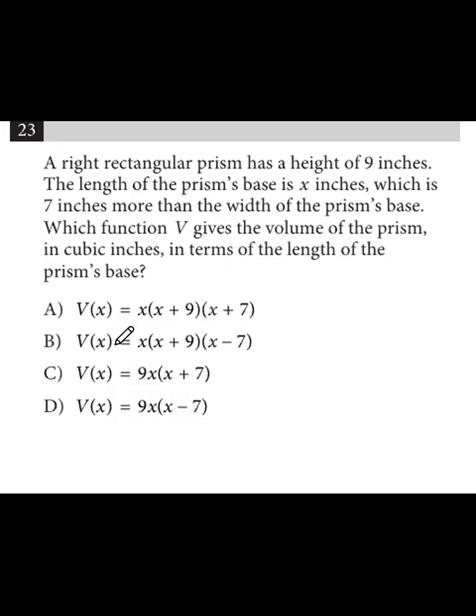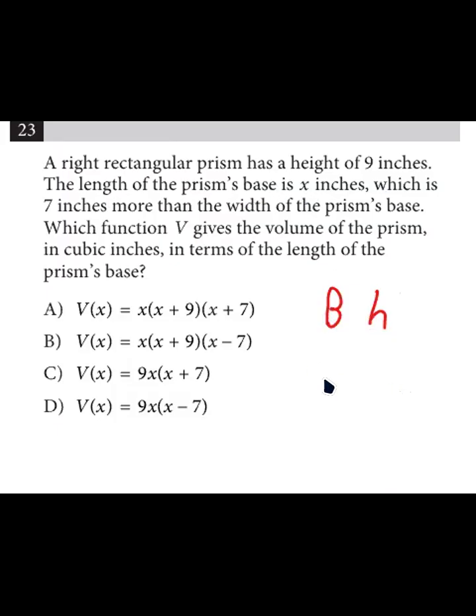Okay, so question 23, we have a rectangular prism. So we have height, base, and width. So in this case, we just have capital B times the height, where capital B is the area of the total base, which would just be length times width.